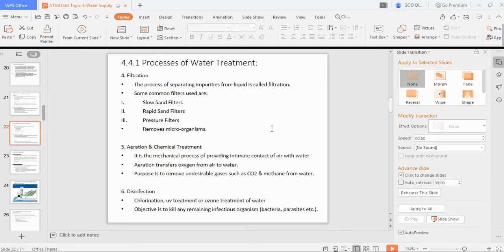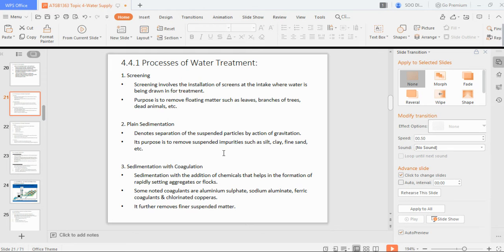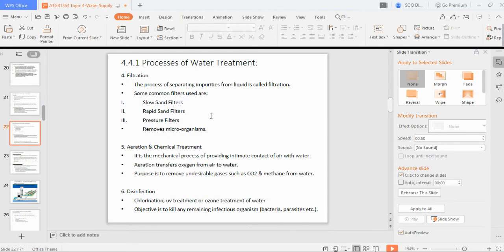And then finally we have our filtration. So this is to separate the impurities from liquid. Once we have sedimented it, we want to filter it out. And then we have our aeration and chemical treatment, and finally disinfection.